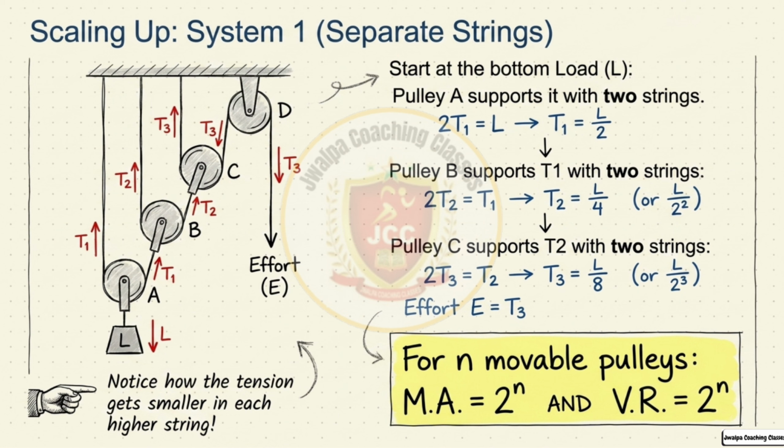Notice how the tension gets exponentially smaller in each higher string. We use this formula when dealing with these kinds of separate string setups for movable pulleys. MA equals 2 to the power of n, and the velocity ratio equals 2 to the power of n. So basically what we have learned here is how tension halves with each higher string in a separate string system.